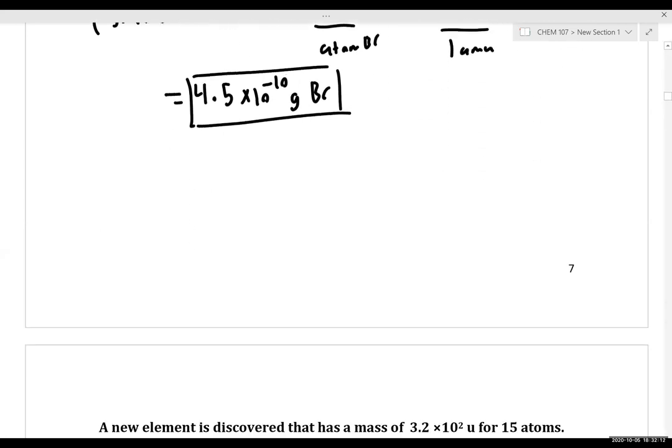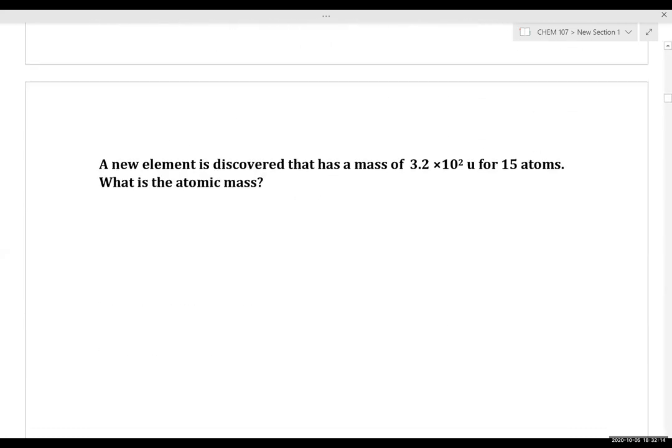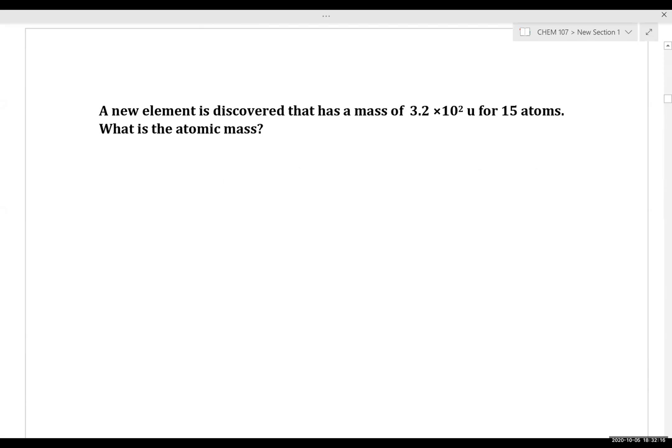So let's keep going now, and let's look at another guided example where this time we're directly calculating the atomic mass. In this question, an element is discovered that has a mass of 3.2 times 10 to the second AMU for 15 atoms.